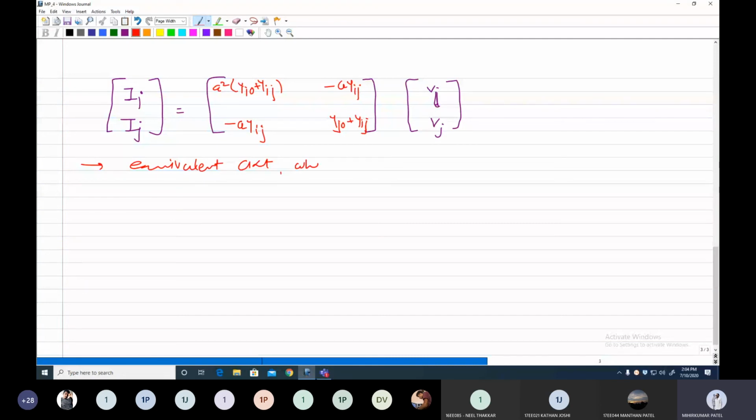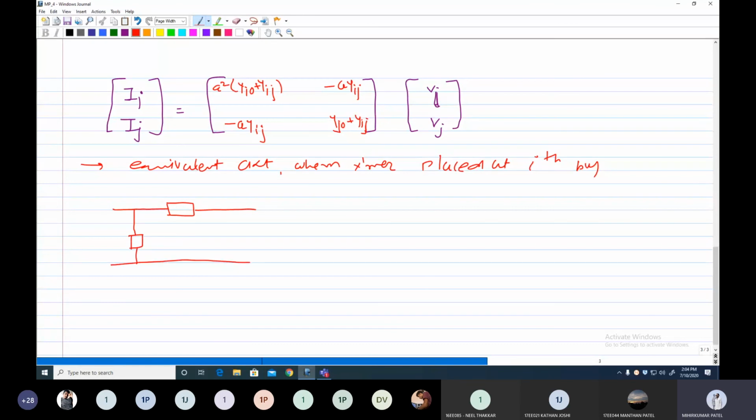So the equivalent circuit when the transformer is placed at the ith bus. So we can draw the circuit diagram as we have drawn previously. Yes, help me write the parameters of this network.